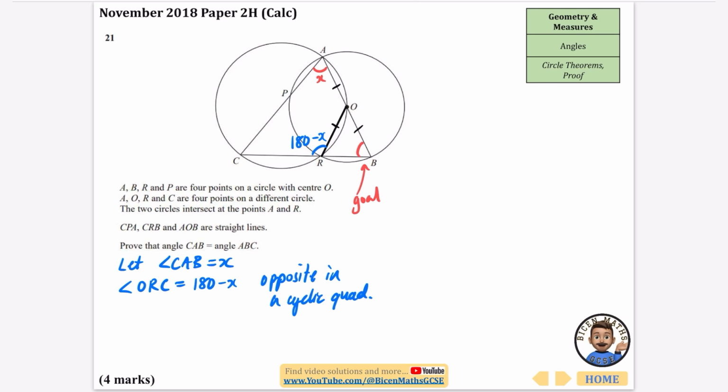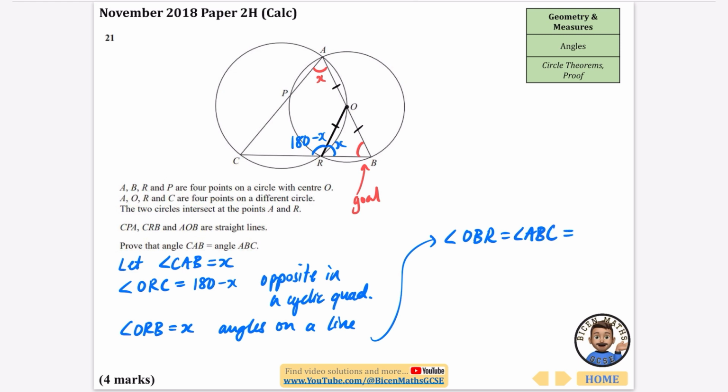Now if I go to this part of the diagram, I can find out what ORB is. So angle ORB must be equal to x, and that's because of angles on a straight line. Angles on a line add up to 180, so this one here has got to be x. Which then tells me, if I continue with my proof, that angle OBR, which is equal to angle ABC, is equal to x.